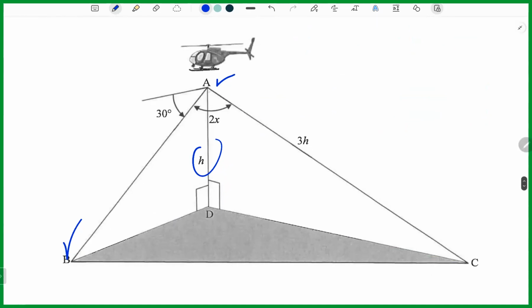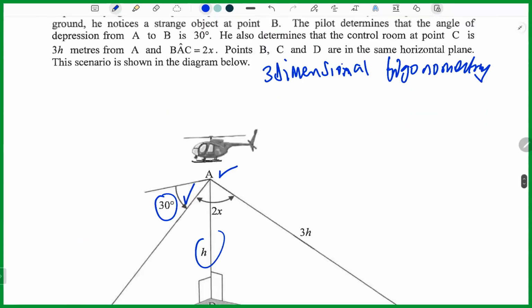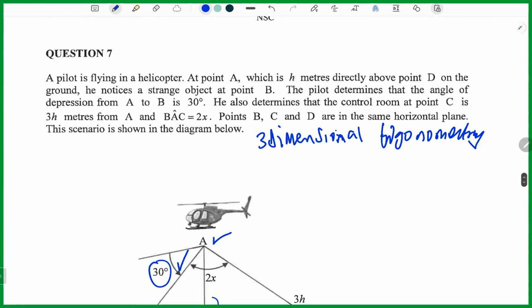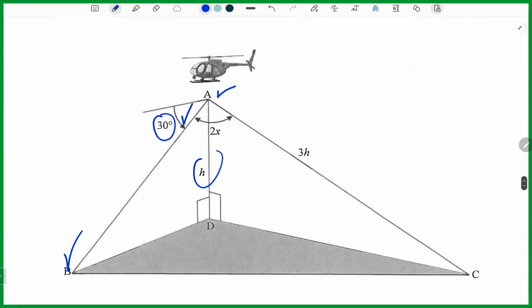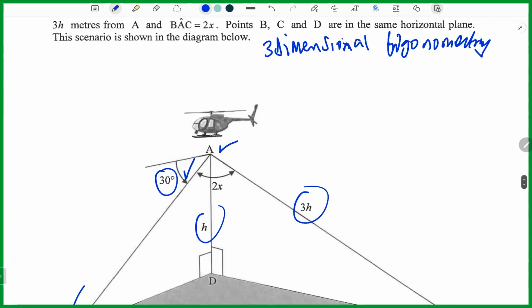Here's the angle of depression from A to B is 30 degrees. He also determines that the control room at point C is 3h meters from point A. This one, 3h meters from point A.